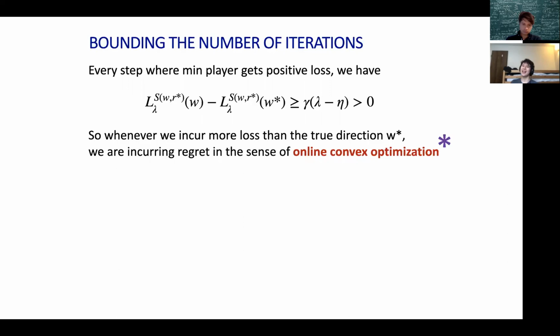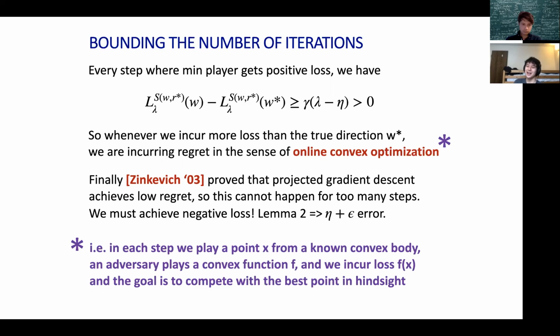So this is a very general and useful tool for minimax games: the max player is able to keep finding convex losses such that my W is very bad compared to some fixed W star.